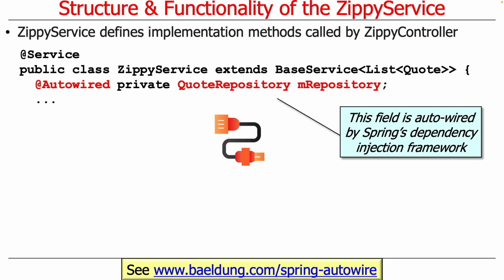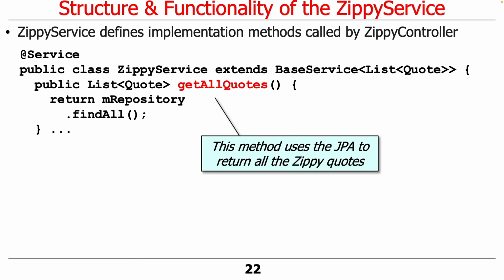So that repository we just saw that knew how to load up things that relate to Zippy quotes and so on are what will be used here as the field in the service. And now let's take a look at some of the methods that are defined in this. And there are different ways to do services and database. If you just use the built-in methods directly, you don't even really need a service. You just have to have the repository directly. In this case, we do have one extra thing for one of the methods, so we made a service.